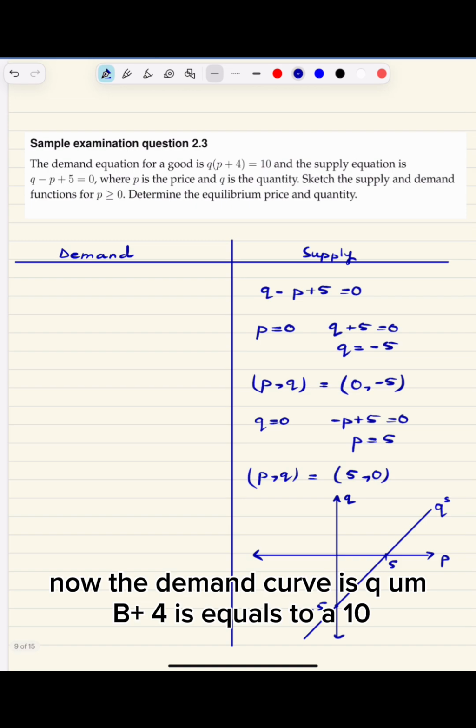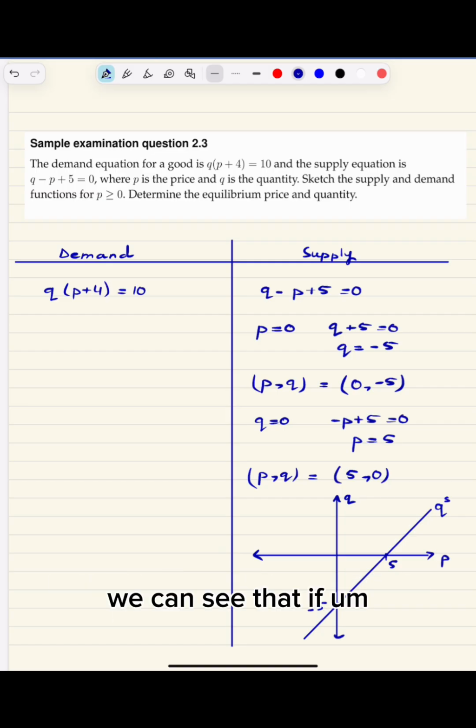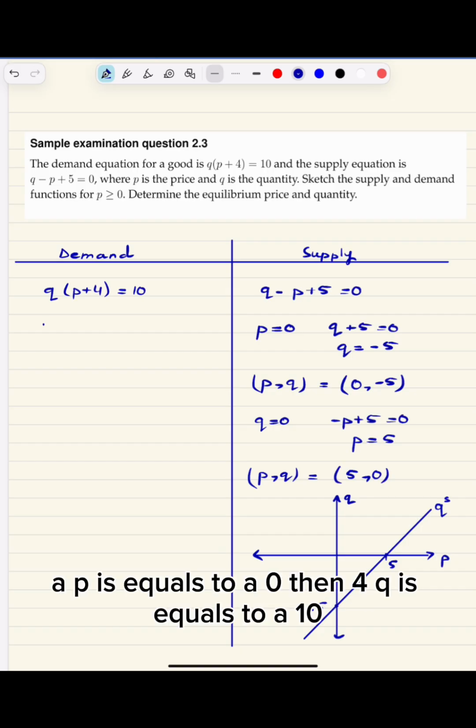Okay, let's sketch the demand curve now. The demand curve is q times (p plus 4) is equal to 10. We can see that if p is equal to 0, then 4q is equal to 10.